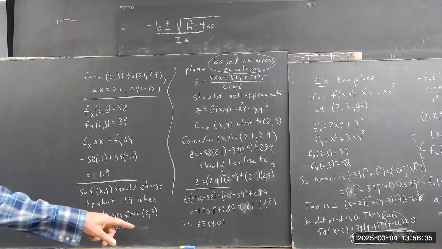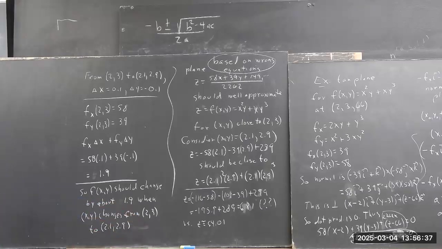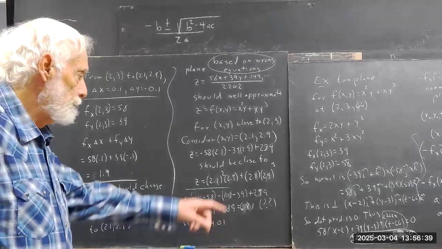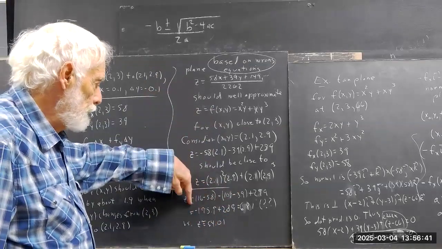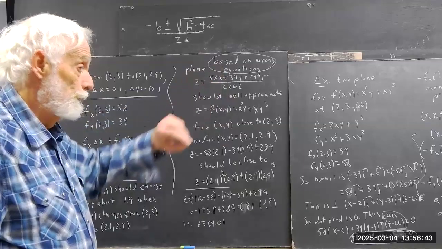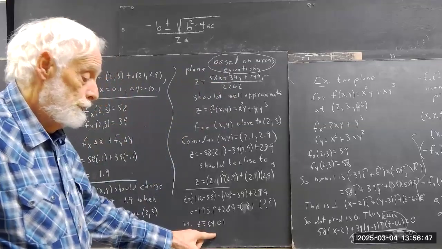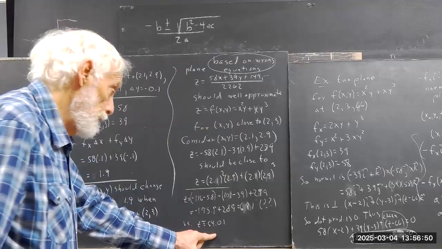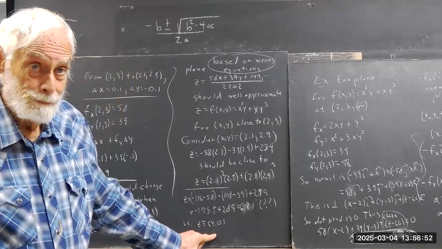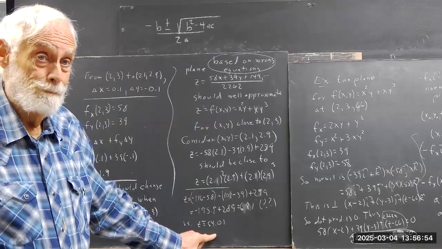Looking at the negative sign there, it should change by about 1.9, which means that this approximation here, if done with the correct function, could be about 65.9. Okay.